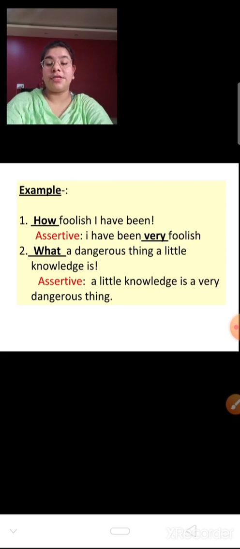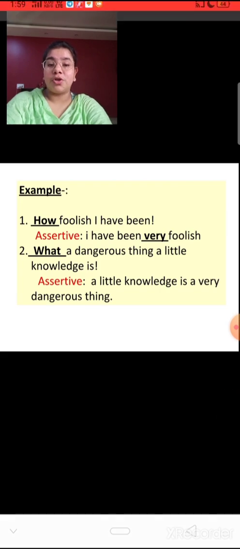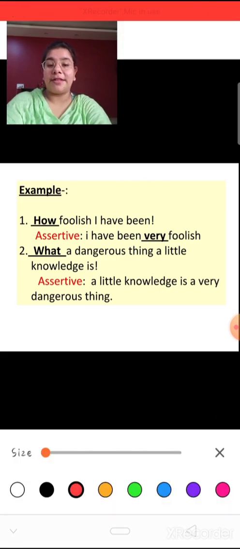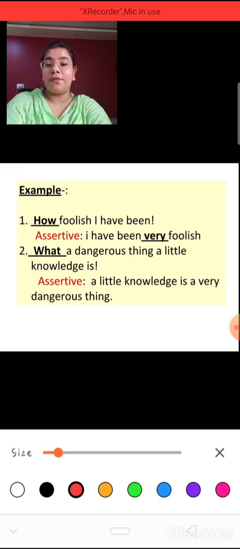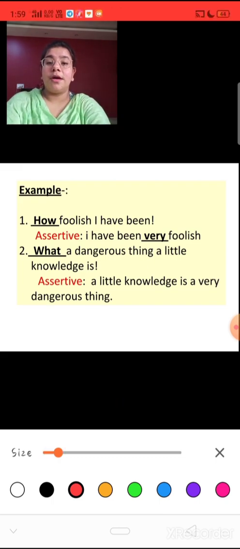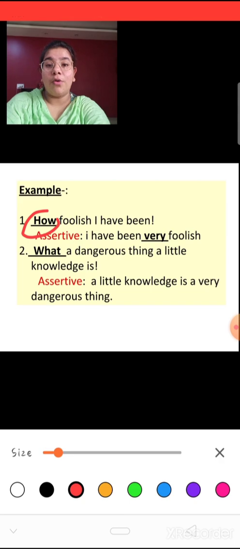The first example says, how foolish I have been. So what rule number 1 has said is that instead of how we will write the subject. What is the subject? I is the subject.